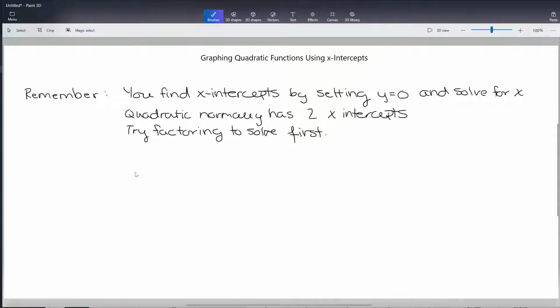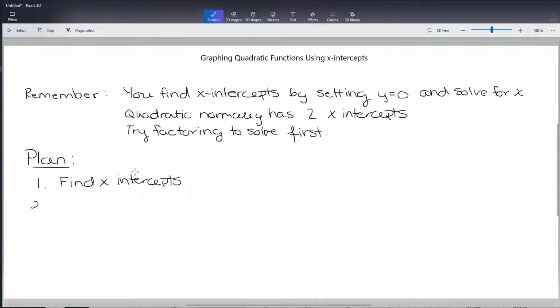So let's look at our plan for graphing. The first thing we want to do is find our x-intercepts. We're going to set y equal to 0 and try factoring, which will usually work, and we will usually get two different intercepts.